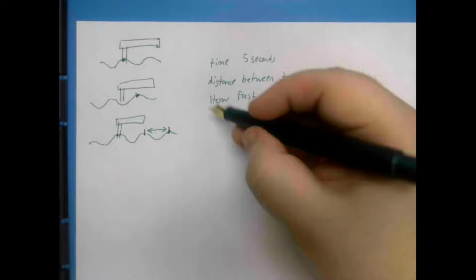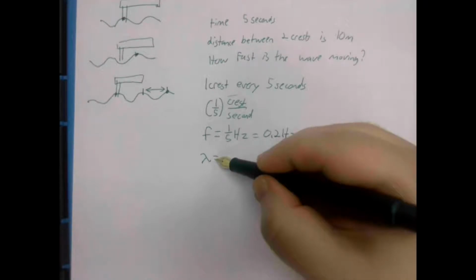So that is 1/5 of a crest per second. Right? So one crest per 5 seconds. So that means the frequency is 1/5 hertz, which is 0.2 hertz. The wavelength is 10 meters.